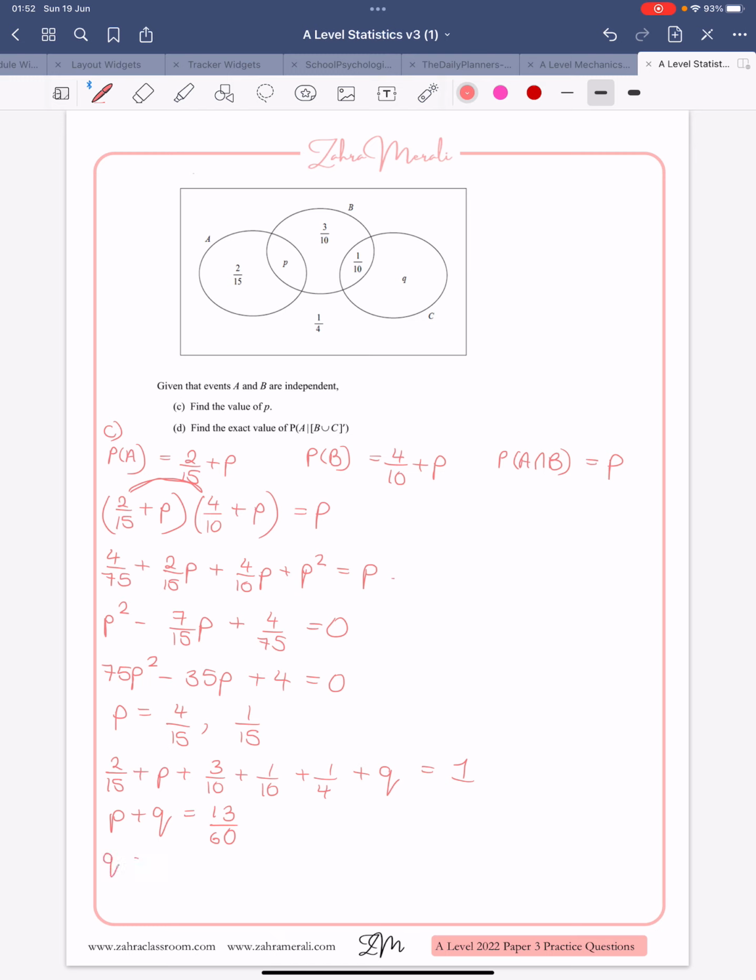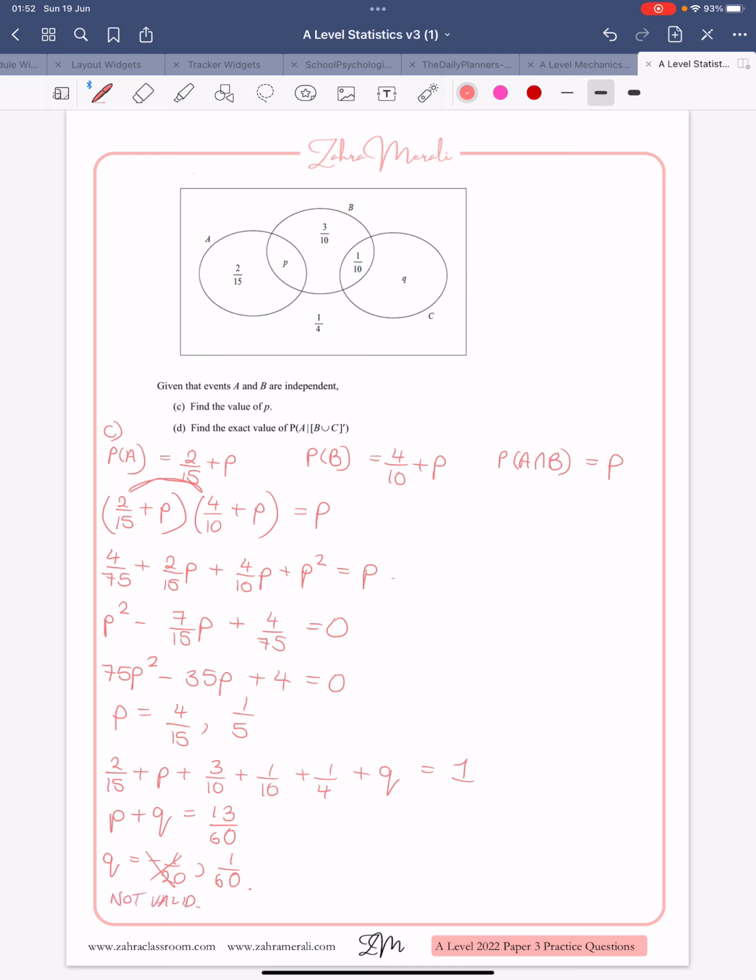So Q is 1/60 if we use 1/5. I think I've written 1/15 here. Let's change that. Okay. And so we'll say this one is not valid.